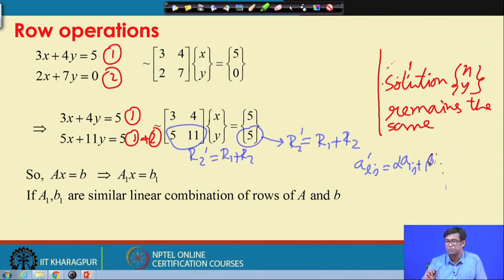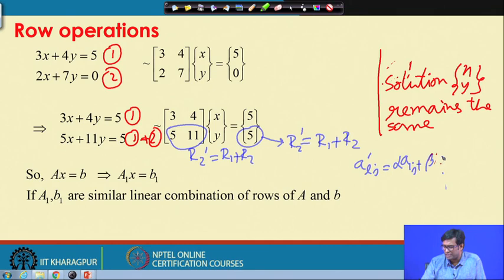There should not be any mismatch in terms of the operations in the rows of the coefficient matrix and B. If you do one operation in rows of A and another type of operation in rows of B, you will not get the same solution vector. So, matching of the operations is important.